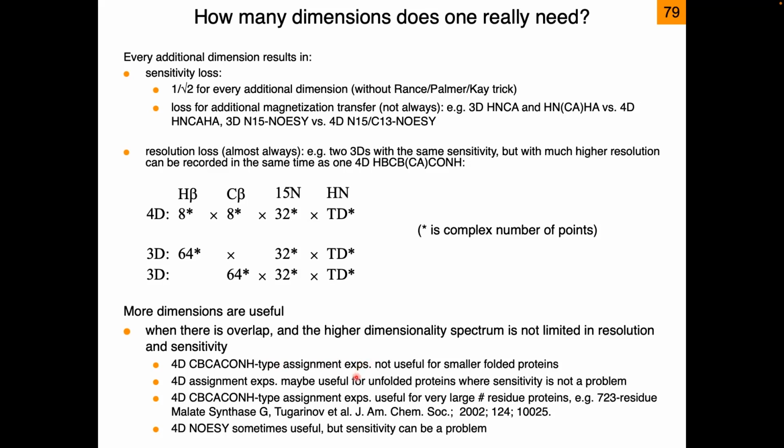They may be useful for unfolded proteins where you're not limited in sensitivity because the relaxation is so long. And then Lewis K. assigned this 700 residue protein. They had to use these 4D experiments. And 4D NOEs are sometimes useful, but I think sensitivity can be a problem. In most cases, it is a problem.